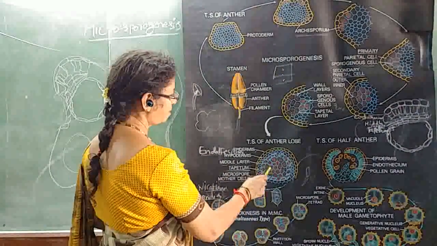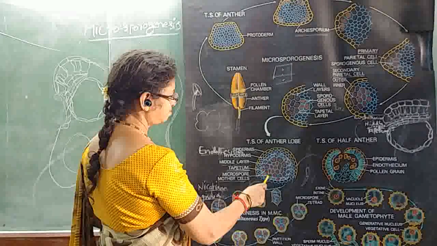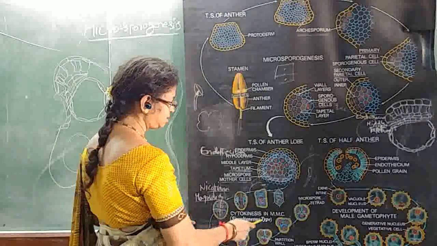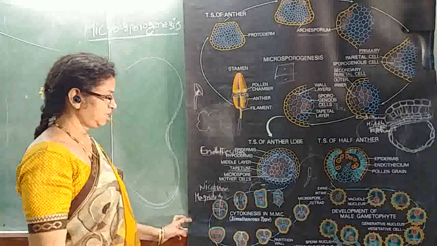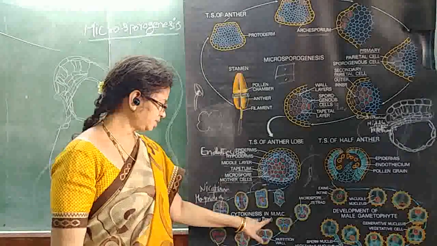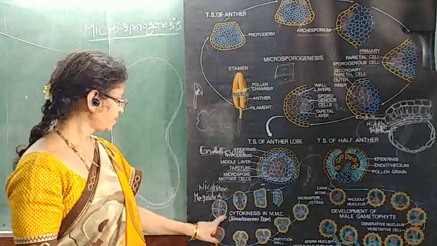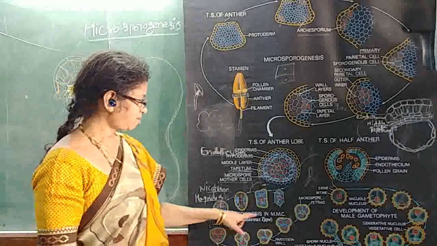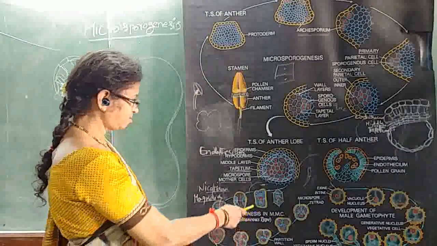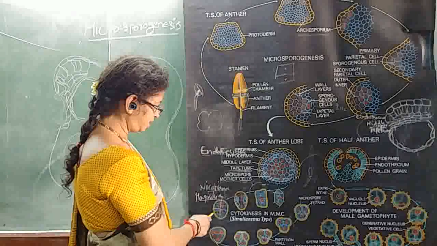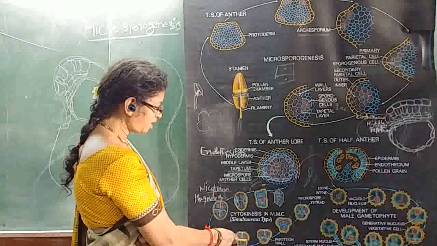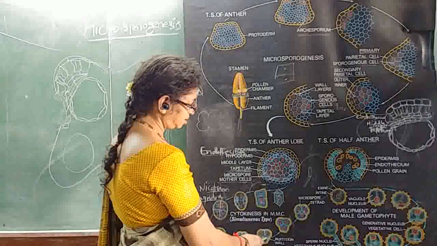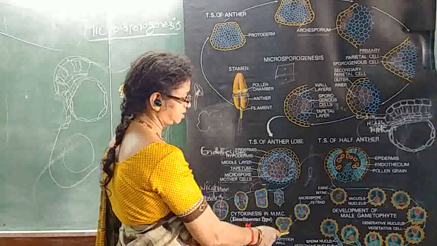This pollen mother cell undergoes meiosis. Again, there are two types of divisions, that means the successive type and the simultaneous type. In this chart, the simultaneous type of division is given. Examples are Nicotiana and Magnolia. The pollen mother cell undergoes first meiosis and later second meiosis, and the wall is formed at the end of second meiosis, and gives pollen tetrads.